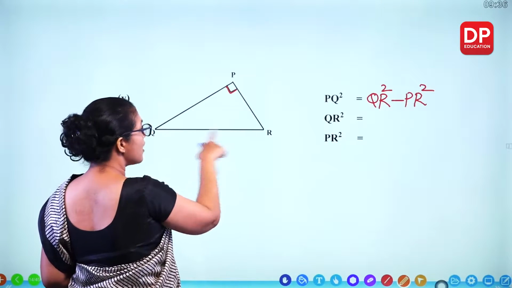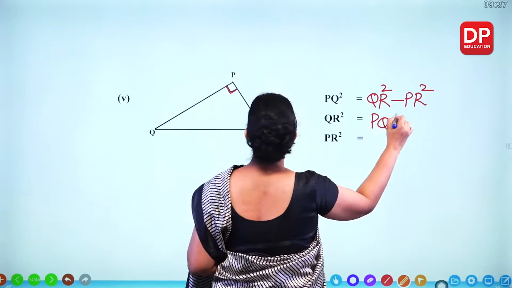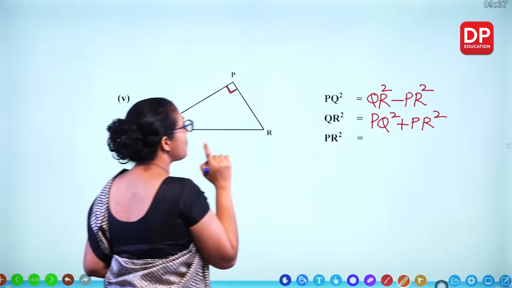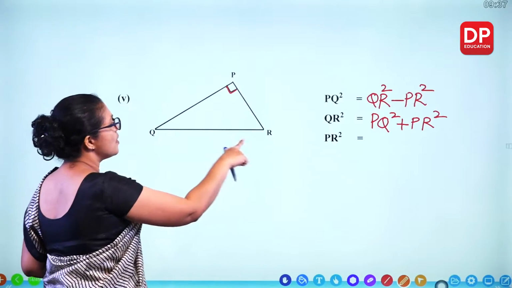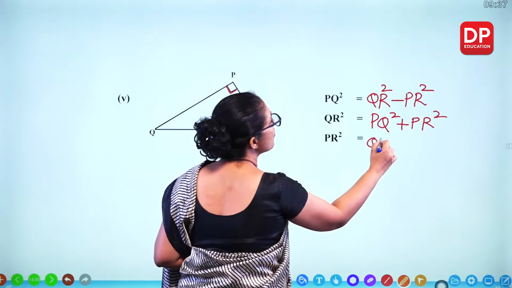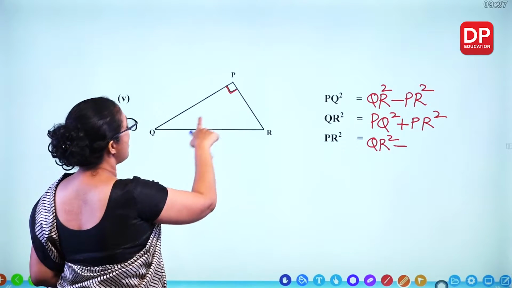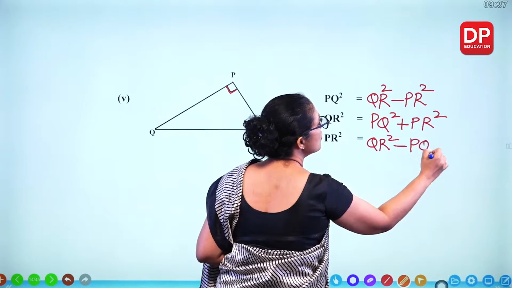QR is the hypotenuse, that's the sum of PQ squared plus PR squared. PR squared, this side, that's equal to QR squared minus PQ squared.